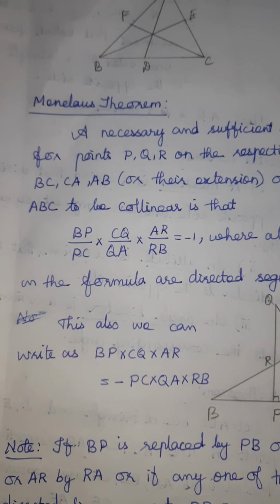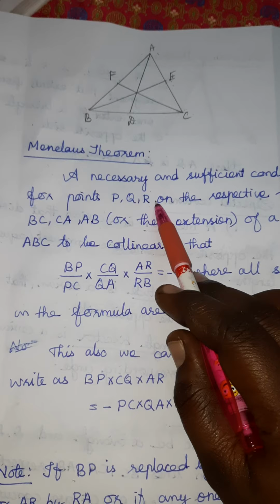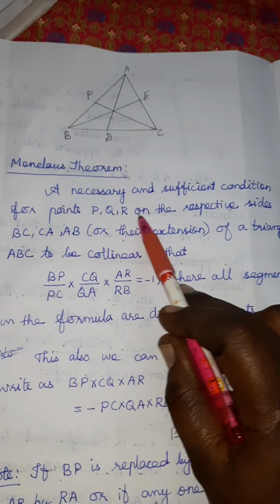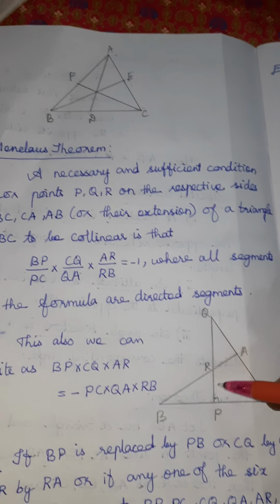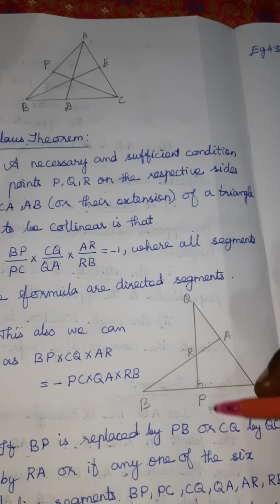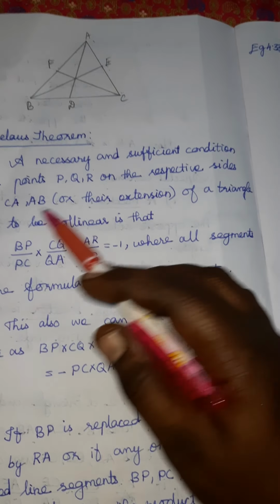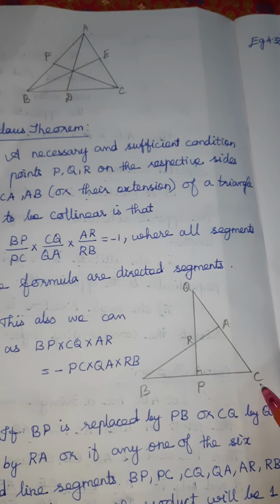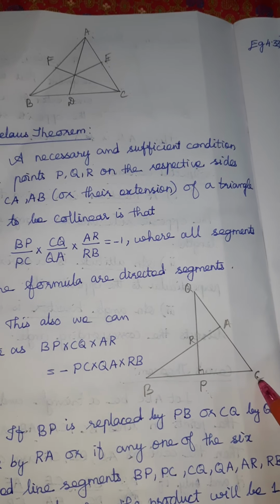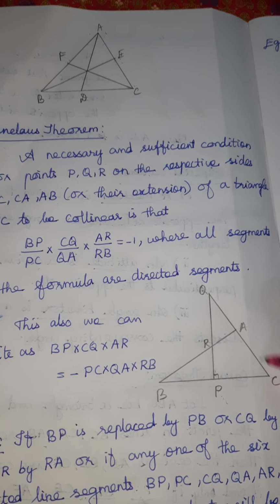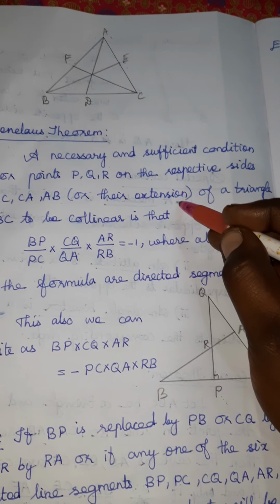So if these three points P, Q, R are collinear, meaning on the same line, with the respective sides, P is on BC, then Q is on CA, on the extended line, the extension is also mentioned.